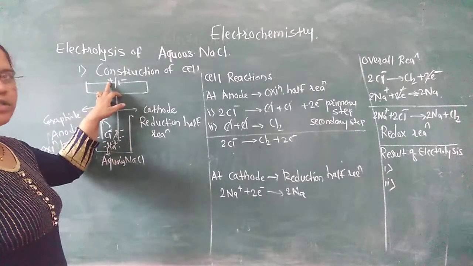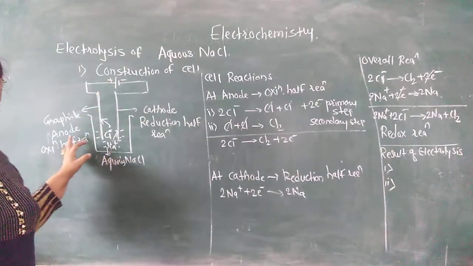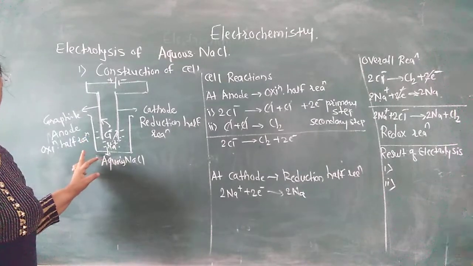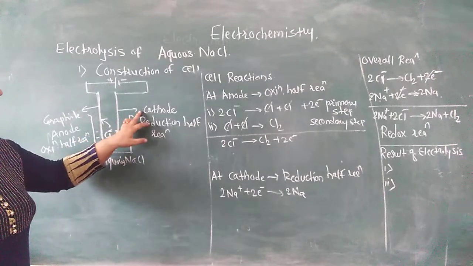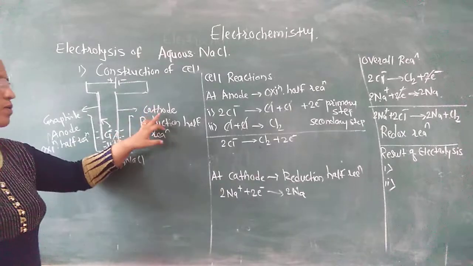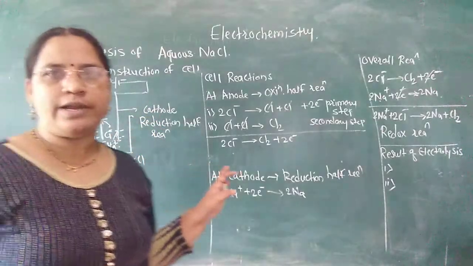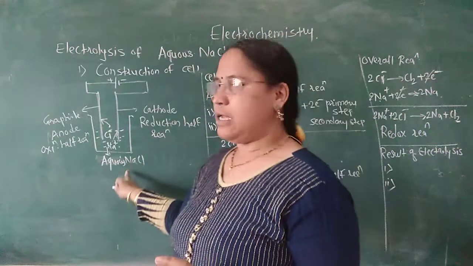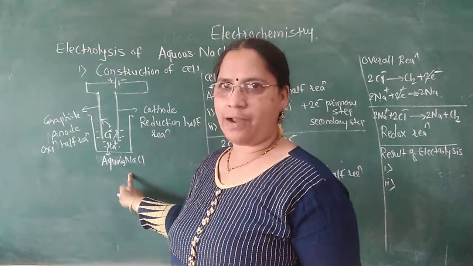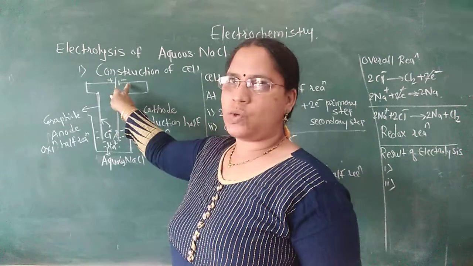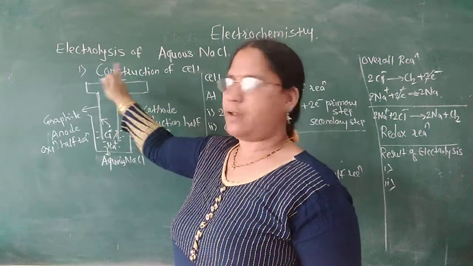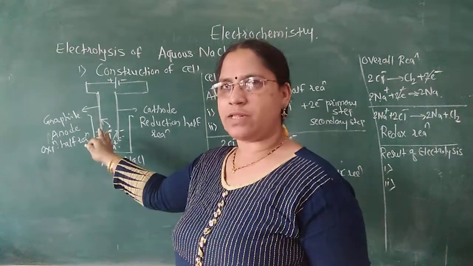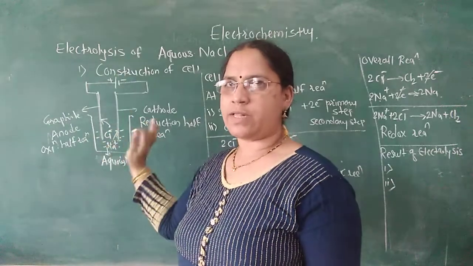The electrode connected to the positive terminal of the battery is called the anode, where the oxidation half reaction takes place. The electrode connected to the negative terminal is called the cathode, where the reduction reaction occurs. So, all the parts are the same, the only difference is that here we are using aqueous NaCl solution. This one is the source of electricity called a battery. So, this is the construction for electrolysis of aqueous NaCl.